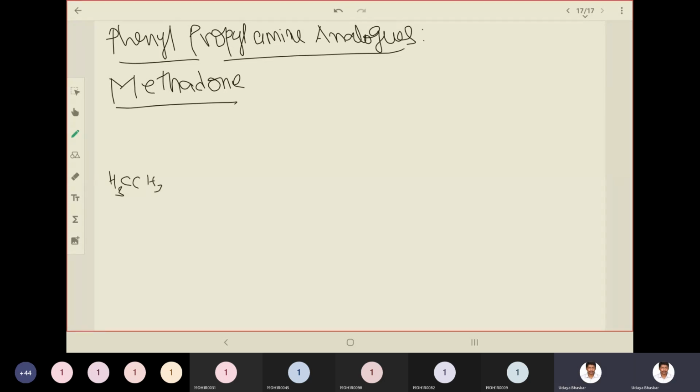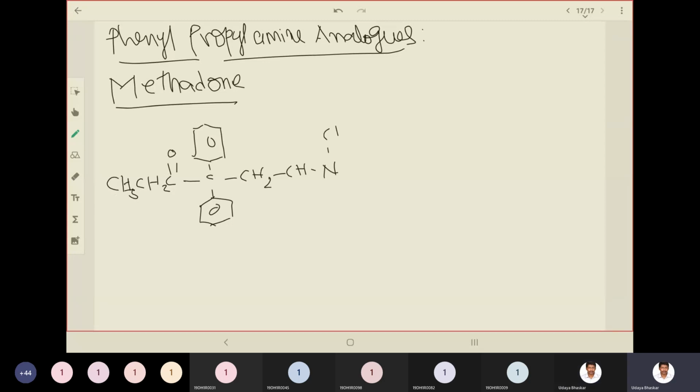CH3, CH2, C double bond O, CH3, CH2, C double bond O, a central carbon which is having two phenyl rings on either side, above and below, and you have an ethyl link and an amino group of which two hydrogens are replaced with two methyl groups, and you have one methyl group at this carbon.